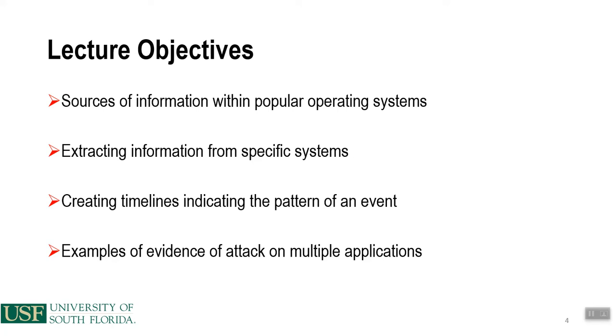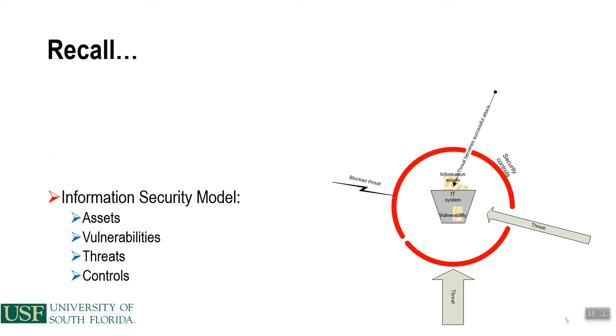So we'll talk about the sources of information within popular operating systems that often serve as a foundation for analysts to employ analytics techniques, such that they can understand what happened within a particular incident and deploy the appropriate controls so that that type of incident never occurs again. We'll look at how we can extract information from specific systems, such as different operating systems like Windows and UNIX and so on. We'll talk about how we can create timelines indicating the pattern of events and provide examples of evidence of attacks on multiple applications.